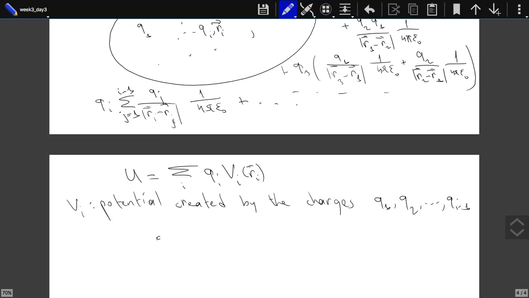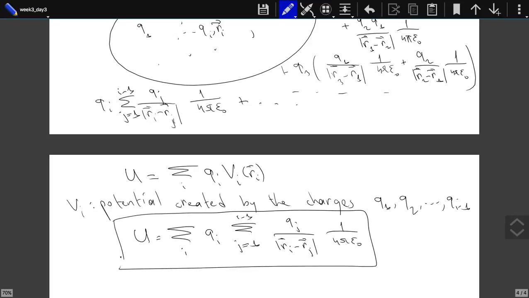And if you like, you can also write this Vi explicitly: sum over i, Qi, sum over j from 1 to i minus 1, Qj over Ri minus Rj, times 1 over 4 pi epsilon 0. This is the potential energy stored in the charge configuration I have. In principle, I can extract this energy from my system.